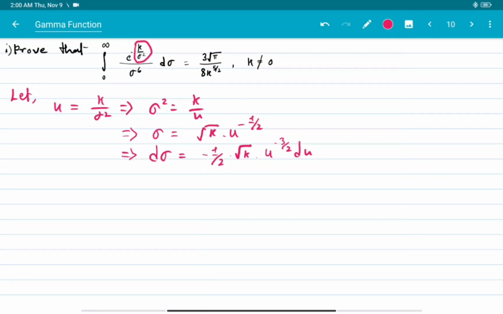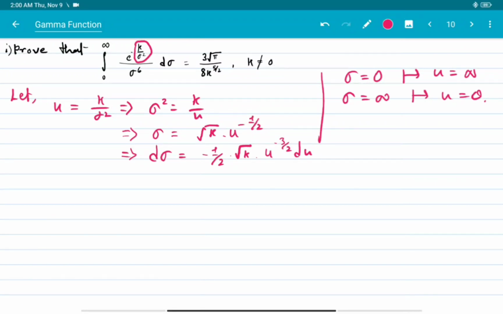So the limits will change: sigma equals 0 gives u equals infinity, and sigma equals infinity gives u turning into 0. Great.